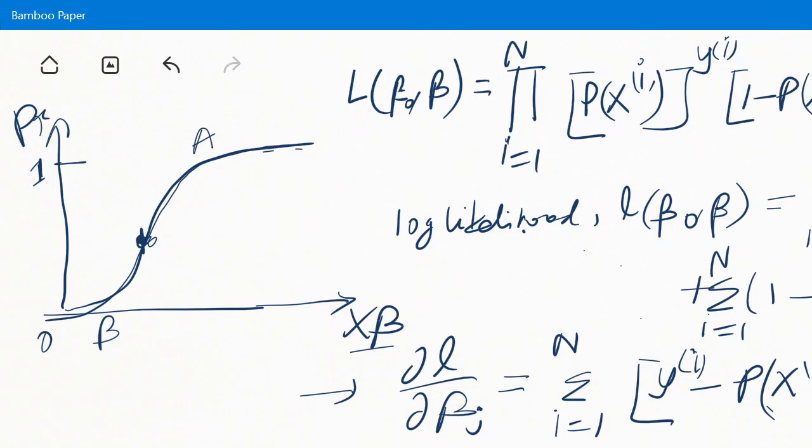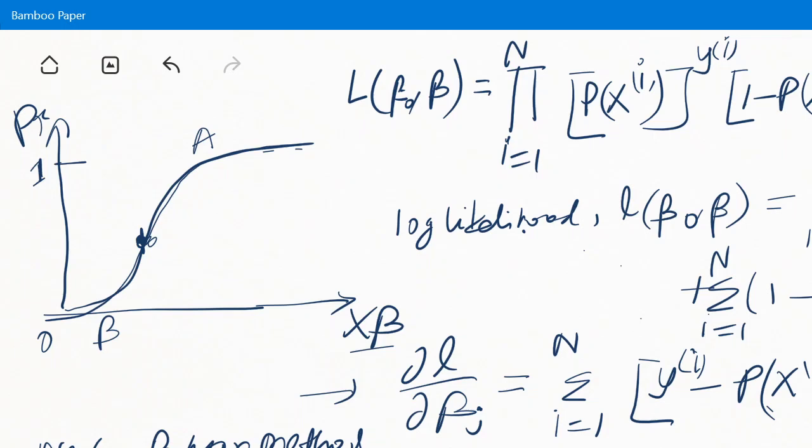This is in the exponential form, so to solve this, we can use the Newton-Raphson method.